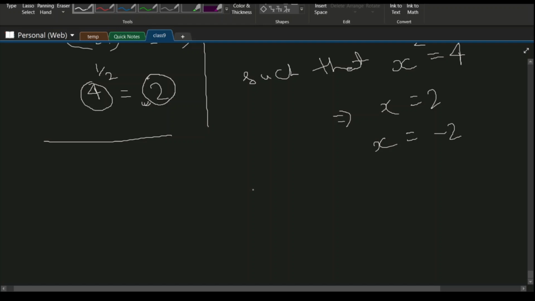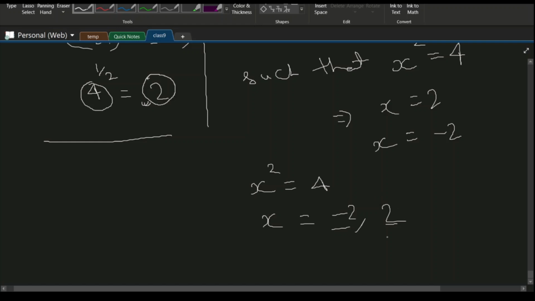So if I look at this equation, x square equal to 4, I have 2 possible values of x. X can be minus 2 as well as plus 2. I square any of these, I can get 4. But that's why the principal term is coming.